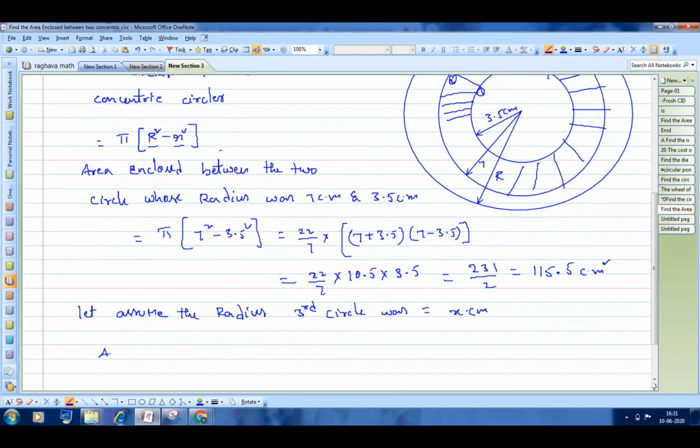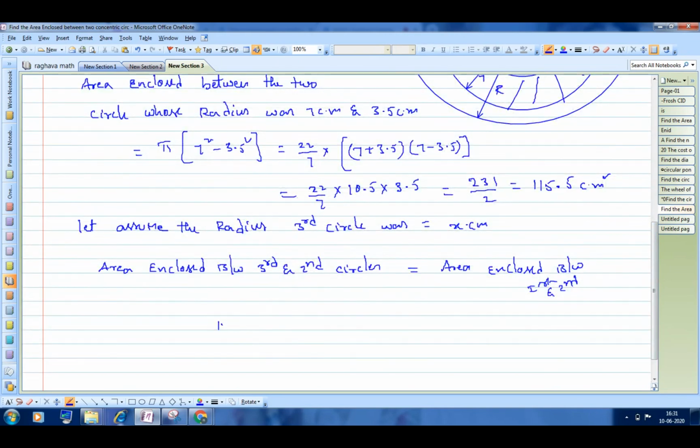So according to the given data, the area enclosed between the third and second circles will be equal to the area enclosed between the first and second. From here I can frame an equation: pi into x square minus 7 square will be equal to 231 by 2. Solve the x value from here.